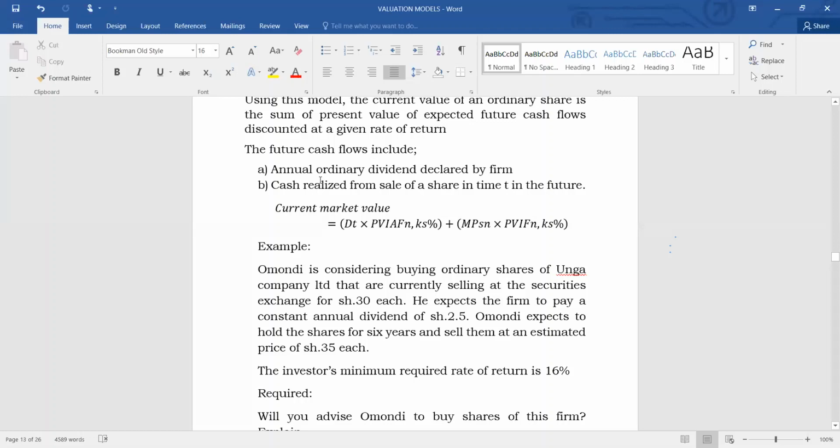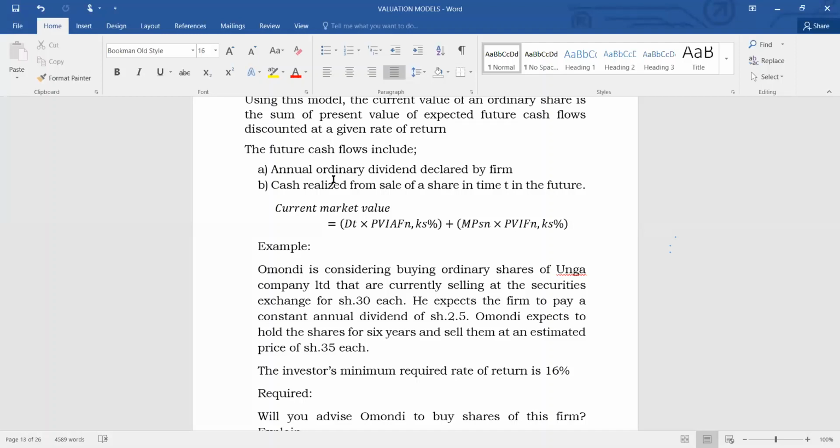The other future cash flow is cash realized by the investor if a share is disposed of in the open market. If you buy a share now, then of course you'll earn a return every year. At some point in time, you decide to sell your share in the open market. Whatever cash is realized from the sale of the share at some point in the future becomes another cash flow.